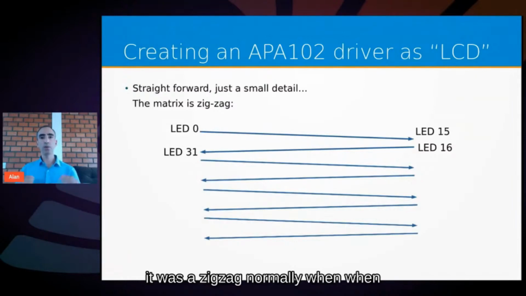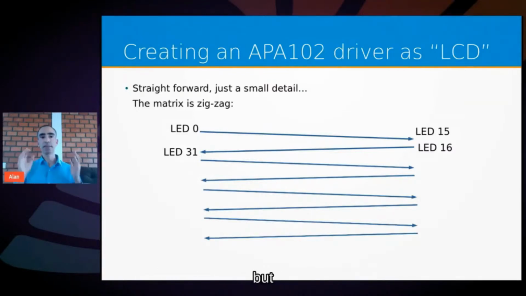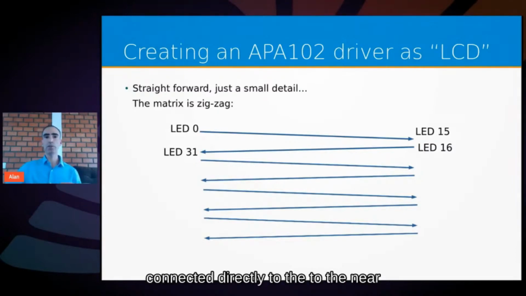Normally, when we have an LCD display, after the end of the first line, the next line starts again from the left to the right. But in this matrix it is zigzag, because the last LED is connected directly to the nearest LED in the next line.